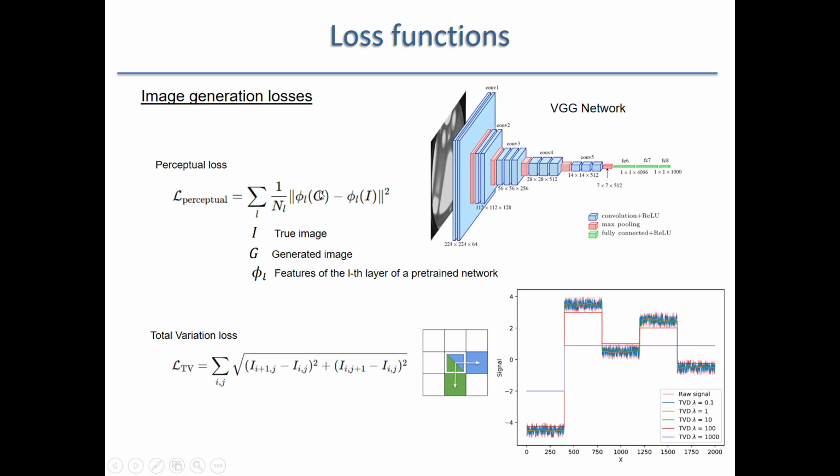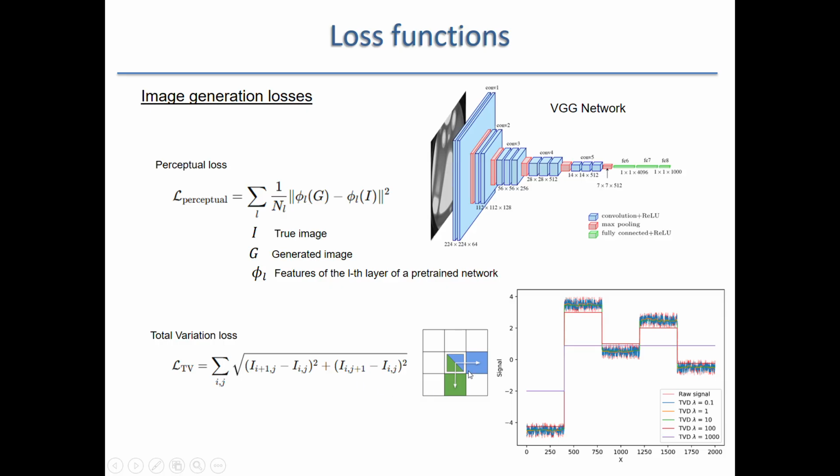And also, for instance, you want your images to be smooth. To make your images smooth, you can penalize with the total variation. Total variation computes the difference between one pixel and the one on the right, and one pixel and the one below.